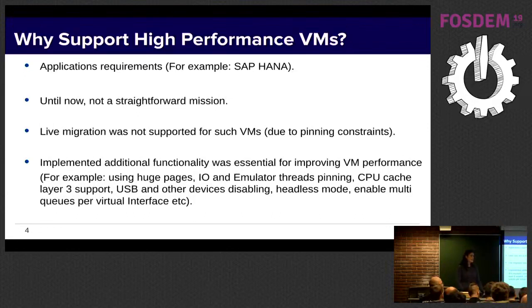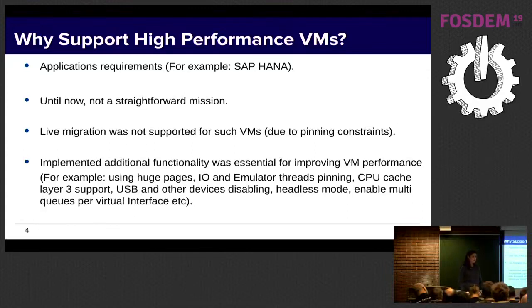Another thing is live migration. Live migration is a very important ability for VMs. Live migration means that a running VM can switch to run on another host if required with minimal downtime. And live migration was not supported for such high-performance VMs before, and now it is supported. And the last reason for implementing this feature in oVirt was that there was a lot of missing functionality.